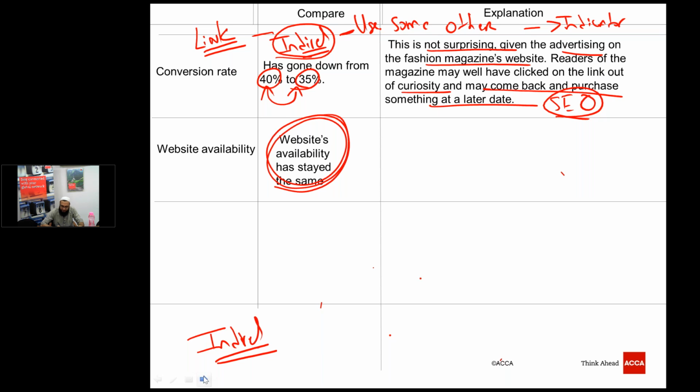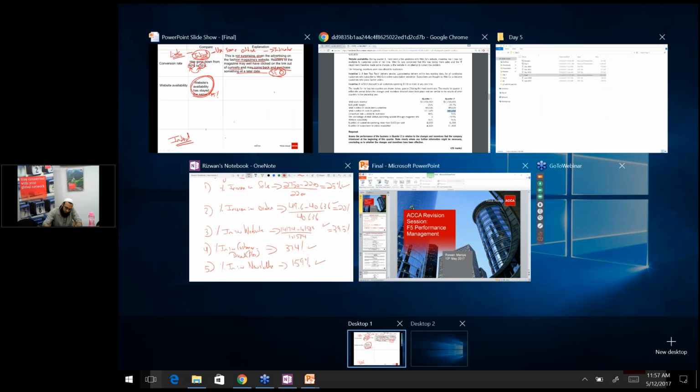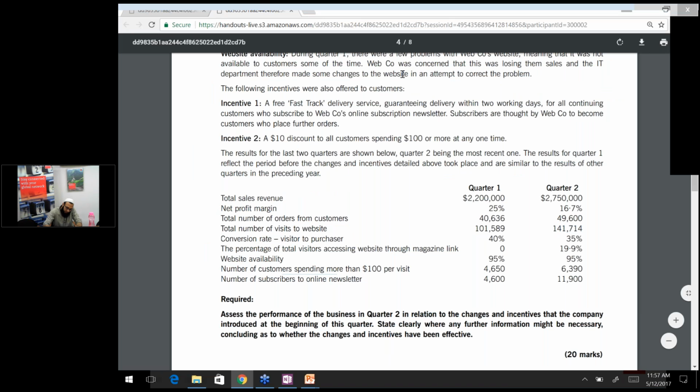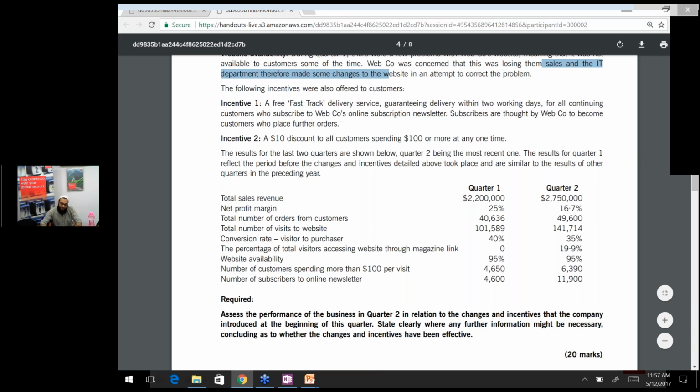It remained at 95%, which means, did the IT people work? Yes, they did work. They did try to resolve the issue, but the availability didn't change.